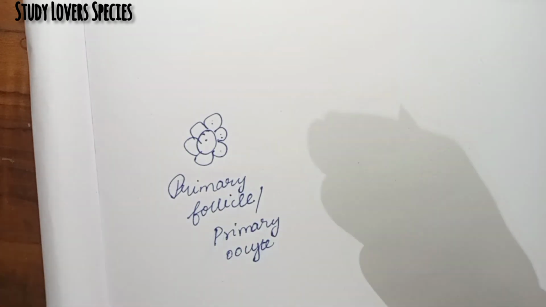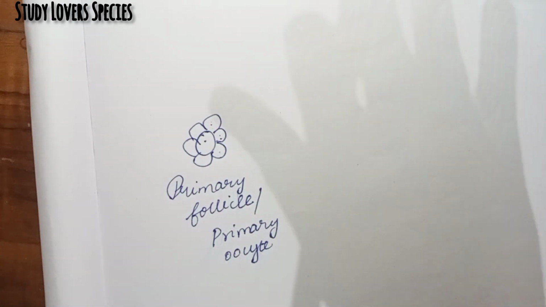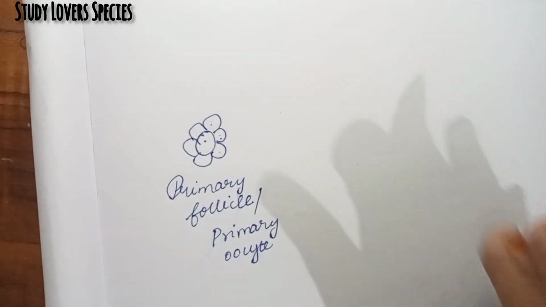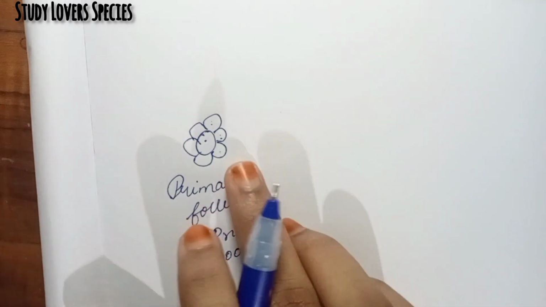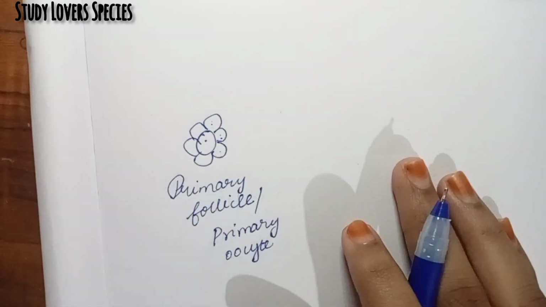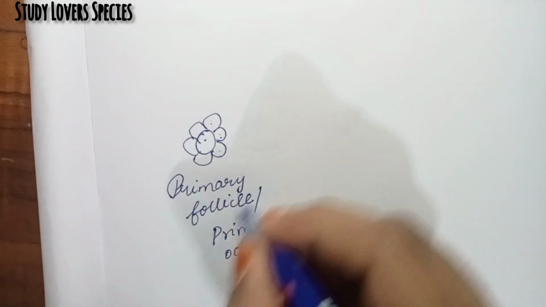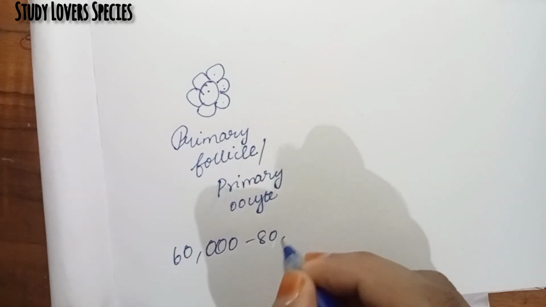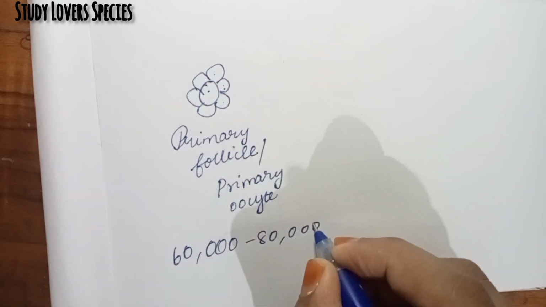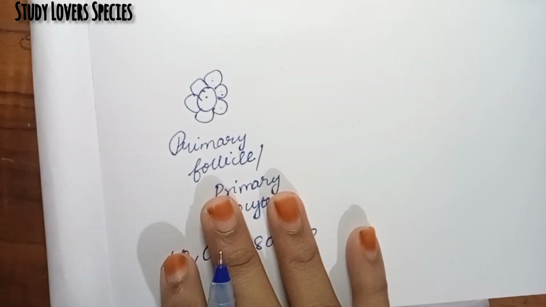In the starting I told you that when a girl baby is in the mother's womb, she has millions of primary follicles. Once she comes out, till she reaches puberty, many primary follicles degenerate and the remaining primary follicles will be only 60,000 to 80,000.